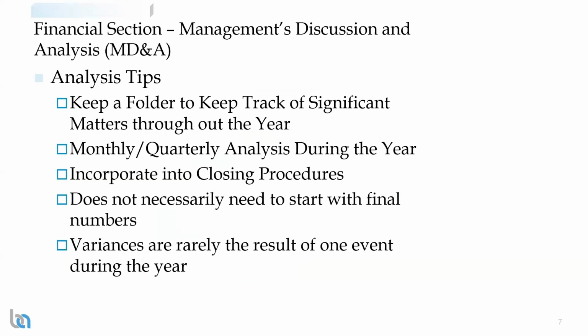Anything that you know is going to have an impact on the numbers, just toss it in that folder. Maybe label it nicely so you understand what it is. Then, when you go to prepare your MD&A, you have all your documents there. You don't need to do a lot of digging through the numbers. You can take a different approach and go from the events down to analyzing the numbers.